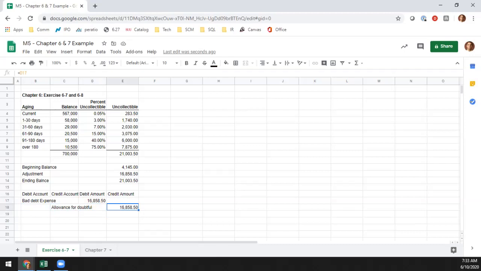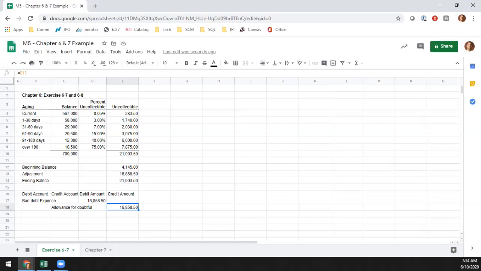So you need to think of accounts receivable and allowance for doubtful accounts as both assets right next to each other. Instead of increasing and decreasing all in one account, we use this allowance for any estimates that we create. Okay, so here's problem 6-7 and 6-8.